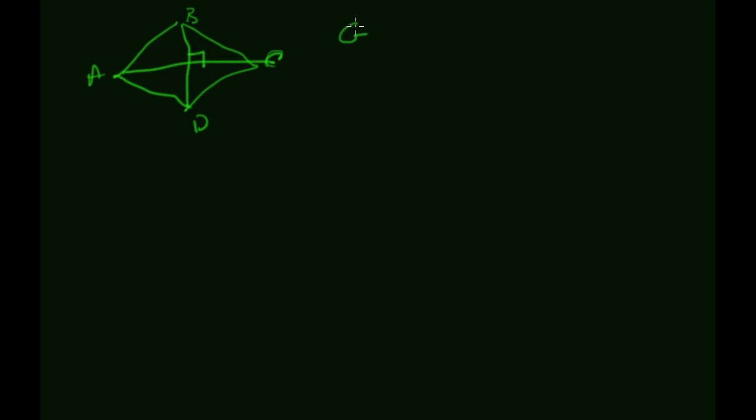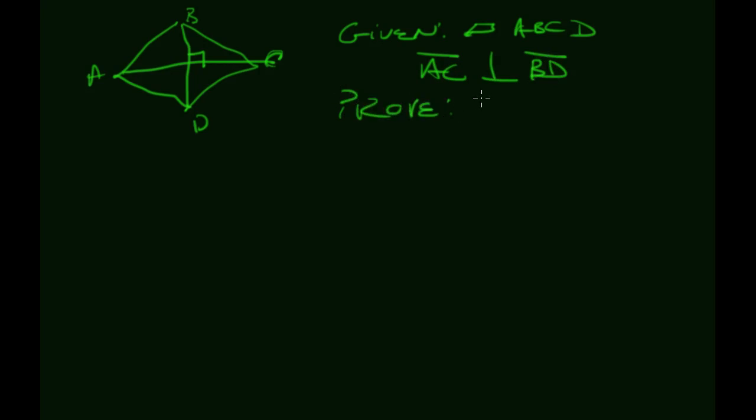So I want to be given a parallelogram ABCD where AC is perpendicular to BD. I want to prove that ABCD is a rhombus. So let's try to do that.